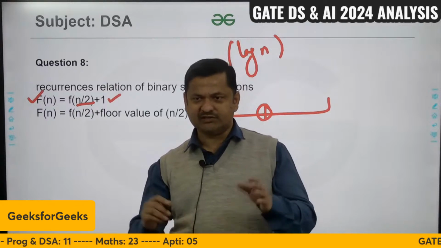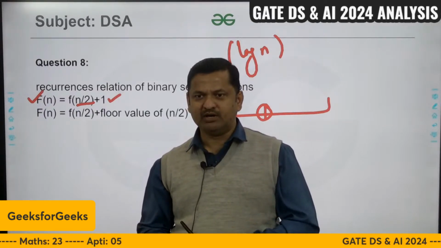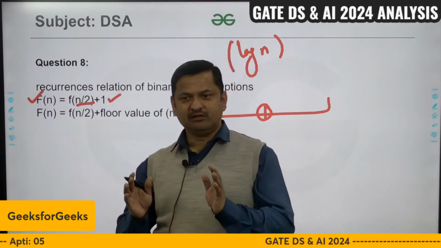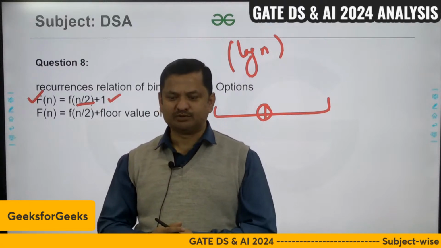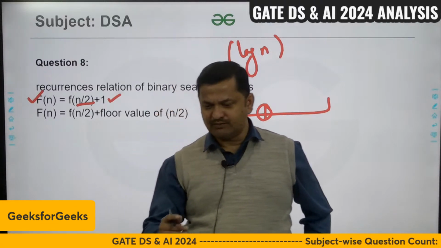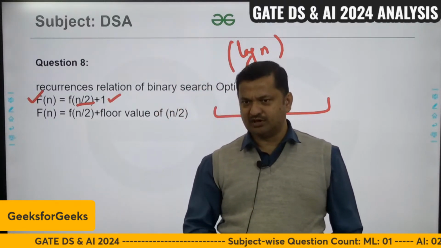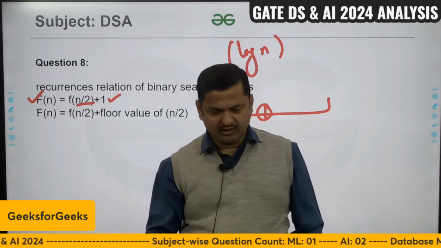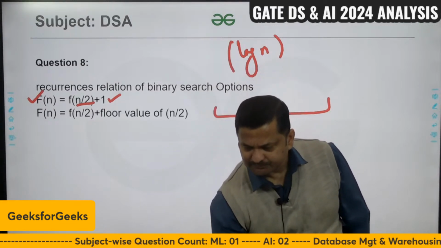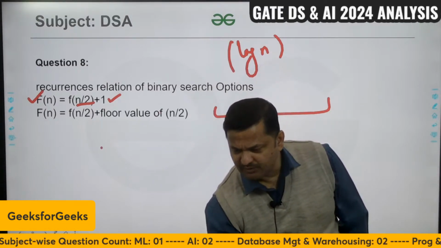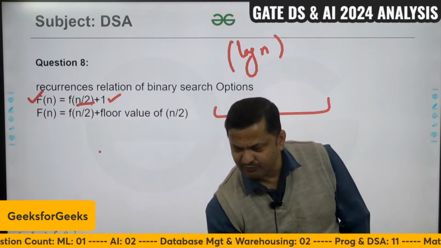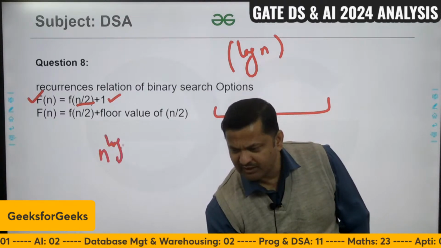If we are looking for any particular element with binary search, then the complexity of this algorithm is going to be log n. So we can solve this equation and see whether this is exactly matching or not. According to the master theorem, we have to compute n to the power log a base b.